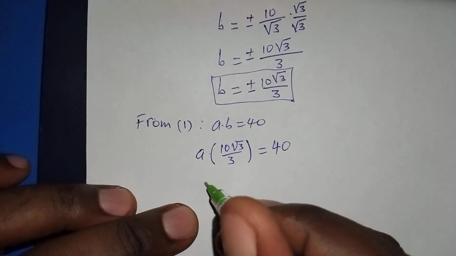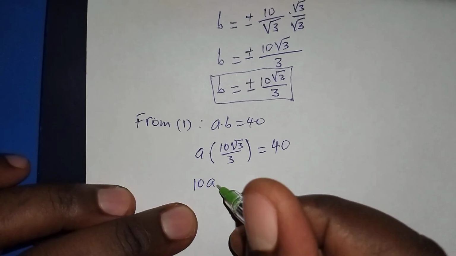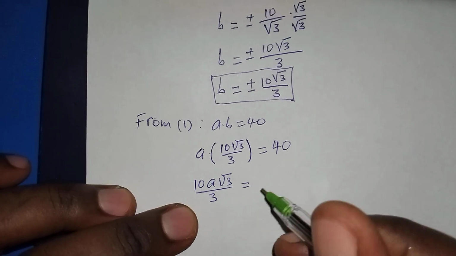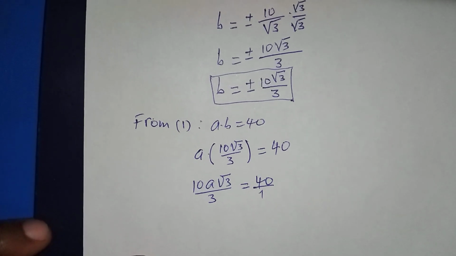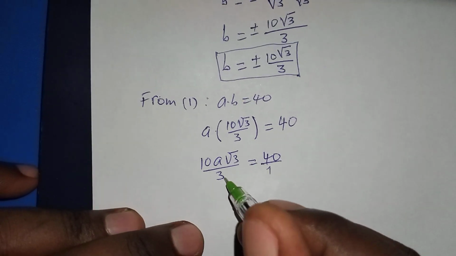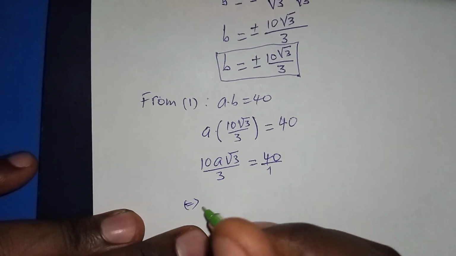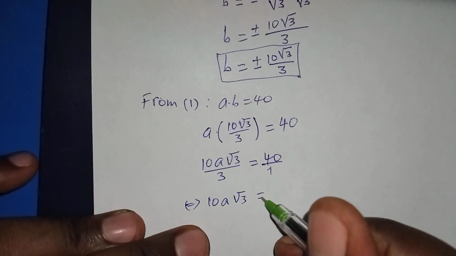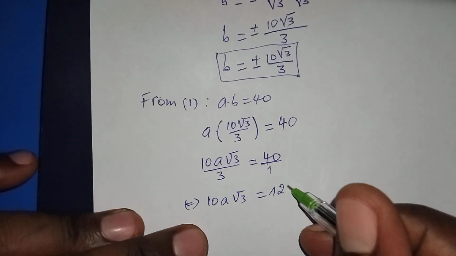Then 10A square root of 3 over 3 is equal to 40 over 1. We multiply 3 by 40 and 1 by this. So we have 10A square root of 3 equal to 3 times 40, which is 120.